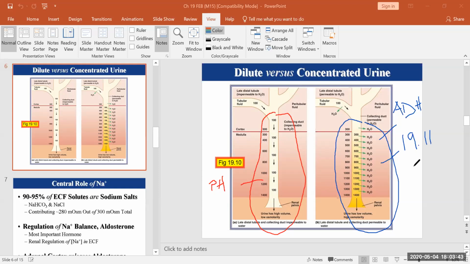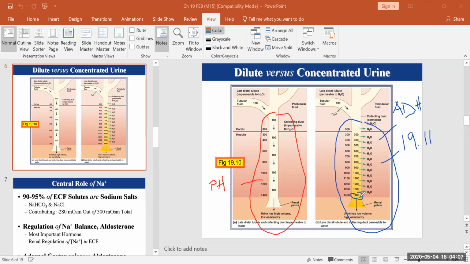Now, there's a limit as to how much you can concentrate urine. So that limit is you cannot concentrate urine more concentrated than your own osmotic gradient in the renal medulla. So if the osmotic gradient is 1400, then the most concentrated urine you can produce is 1400.